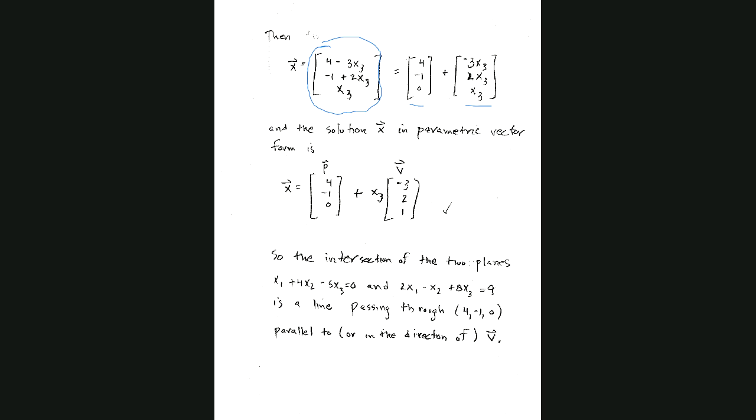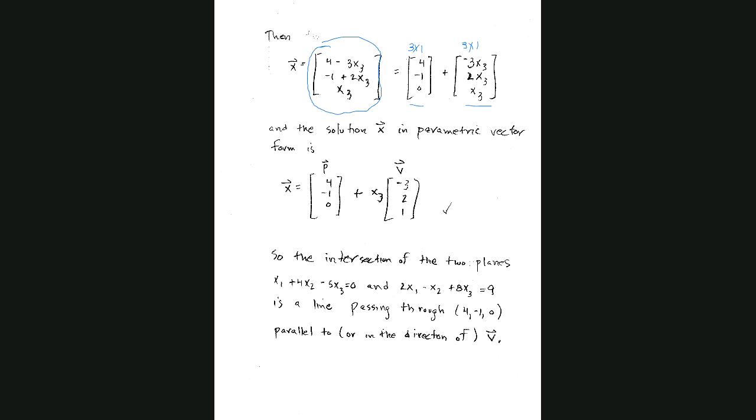Well, I can write it as the sum of two vectors. You have a 3×1 vector here and a 3×1 vector here. And when vectors are of the same size, you can add the vectors entry by entry.